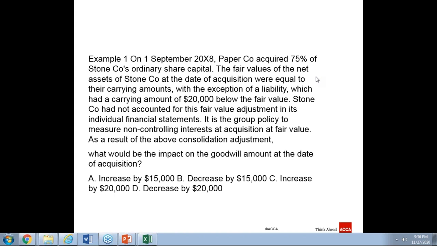How do we get 15,000? The 15,000 is wrong. The fair value is 20,000 less than the carrying amount.